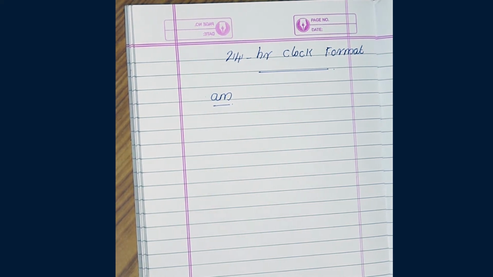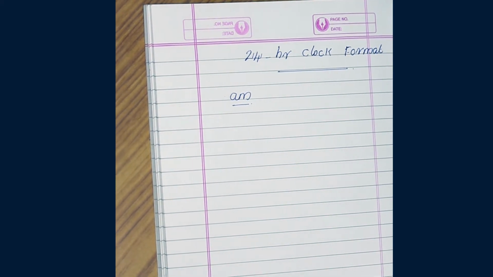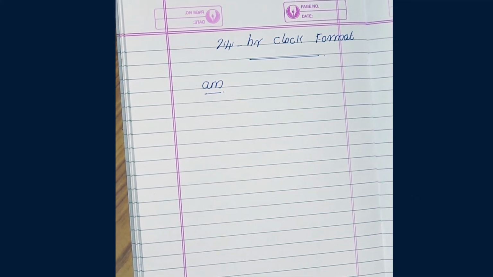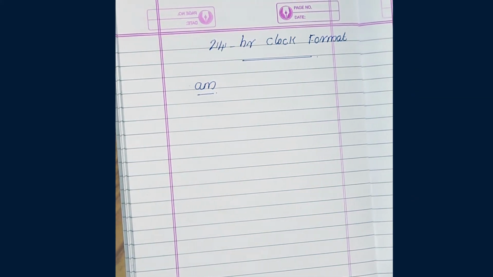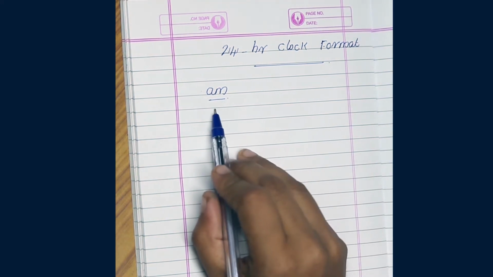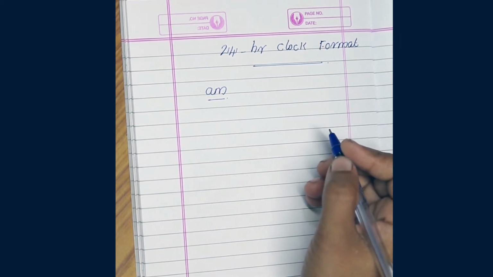Since it is 24-hour clock format, the 24 hours of the day can be expressed using 4 digits. There are 2 sections: to express the time in AM and to express the time in PM. Our first section is to express the time in AM. I will explain with the help of some examples.